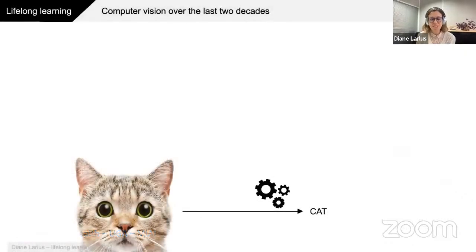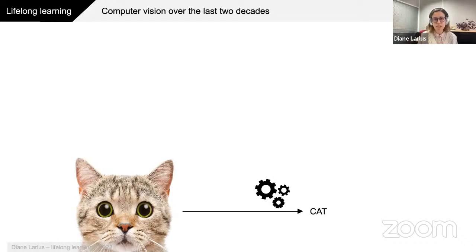But let's start high level, and let's start with one of my favorite computer vision tasks. That is the task of cat classification. So let's assume that you would like to build an algorithm that is capable of predicting, when presented with an image, if it contains a cat or not. So you want to be able to do that for any image you've never seen, right?